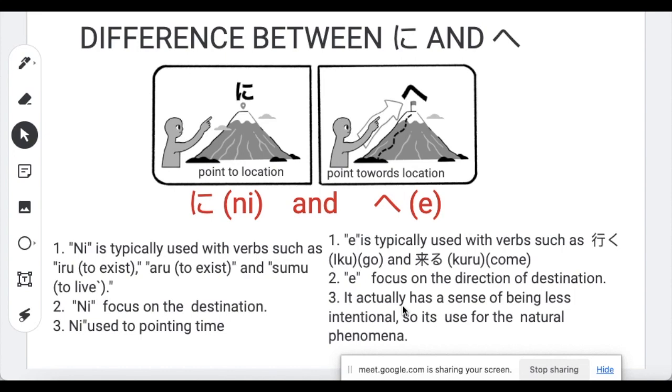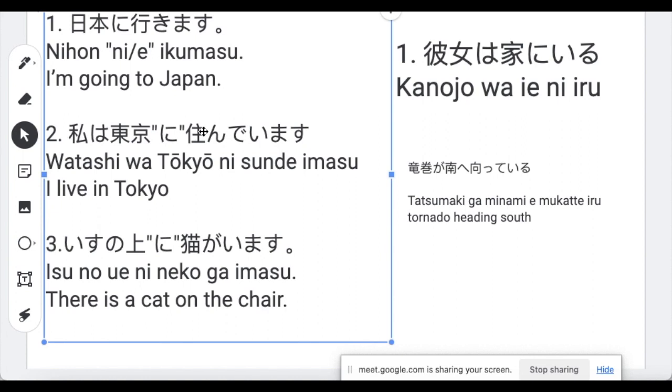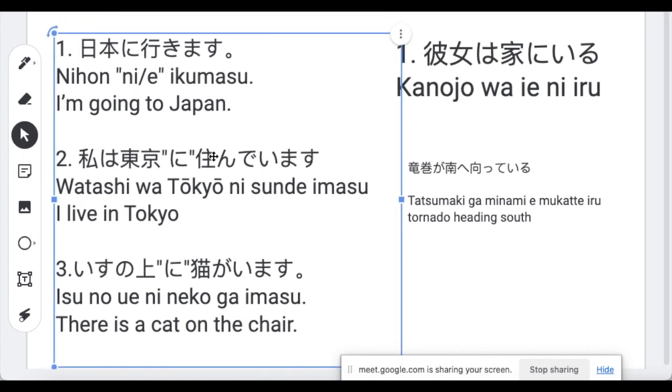I will explain this last part. Let's see the example. See, this is an example. We can interchange. Nihon ni ikimasu.